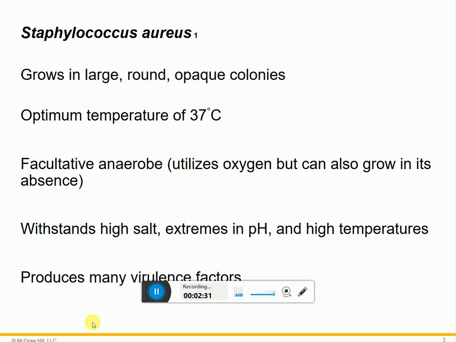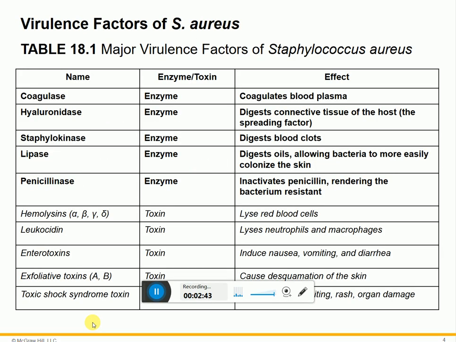We're going to learn about the virulence factors of Staph aureus, and we'll see that it has tons of different factors that lead to different diseases.